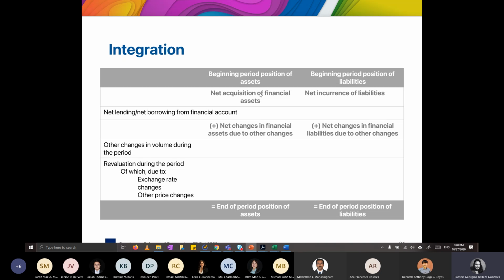So when we add the net acquisition of financial assets and net changes in financial assets due to other changes, we have the full accounting of the difference between the end of period position of assets and the beginning of period position of assets. So these two accounts combined account for the difference in the IIP statement, as I'll go into later.